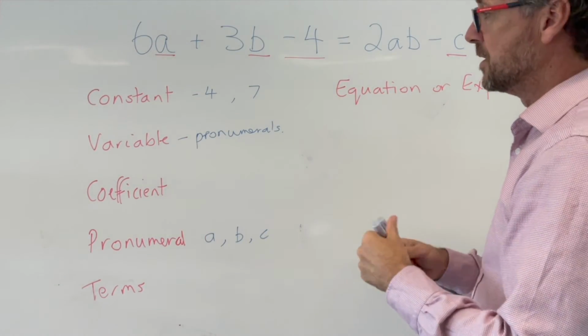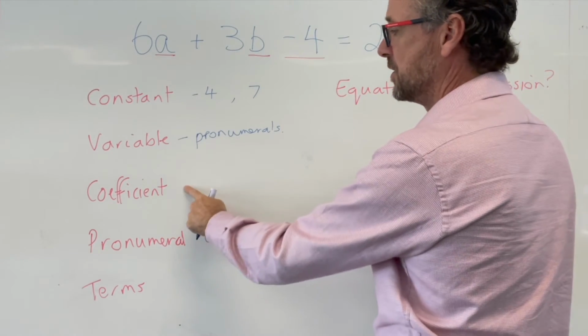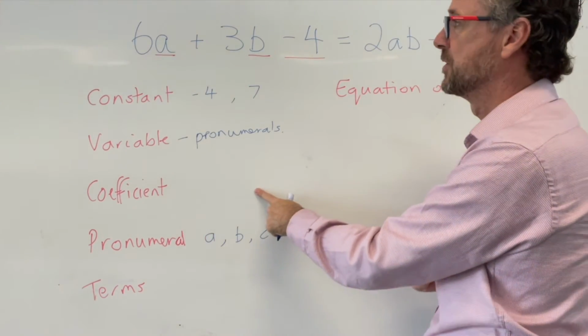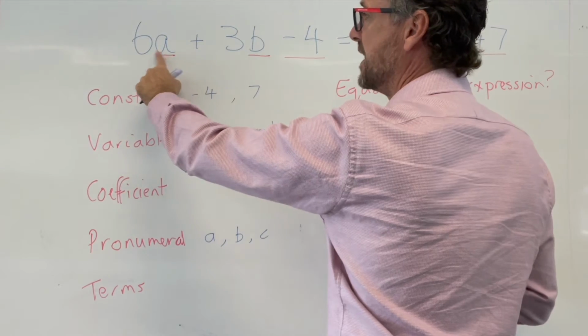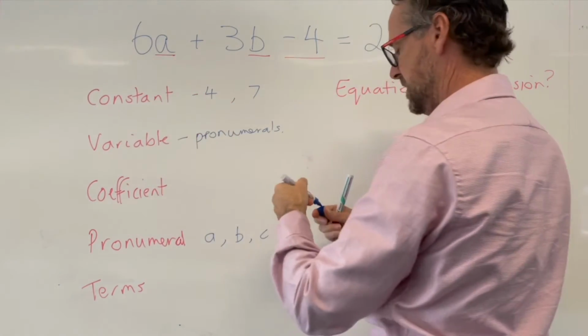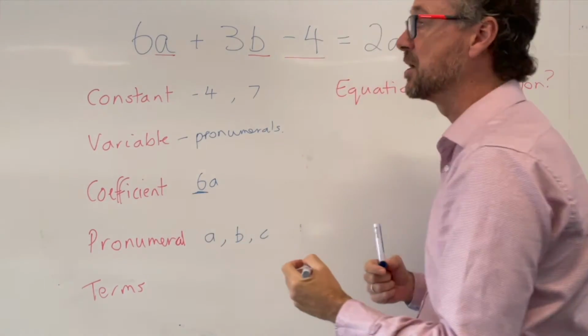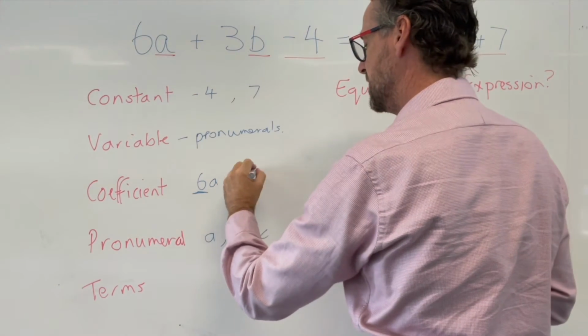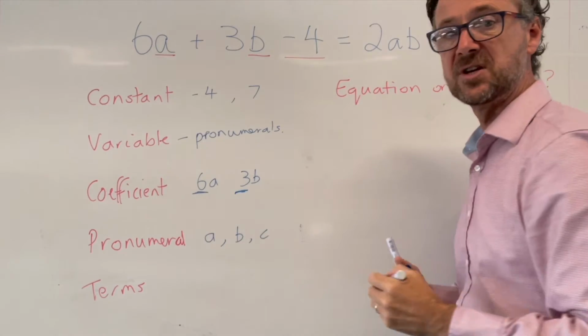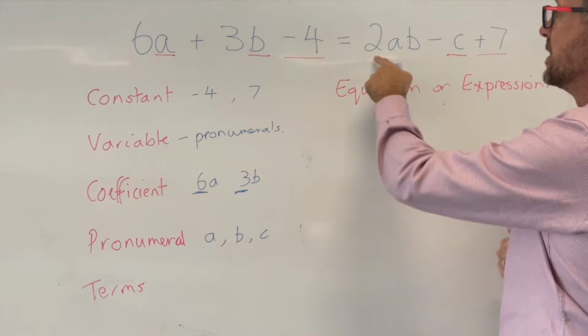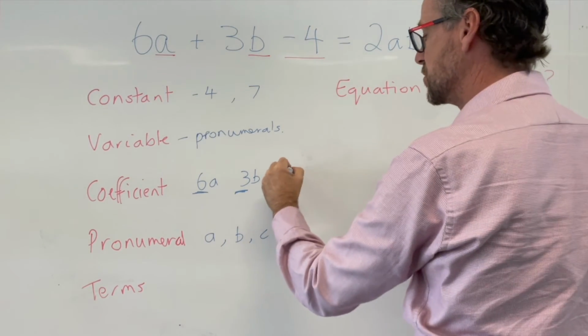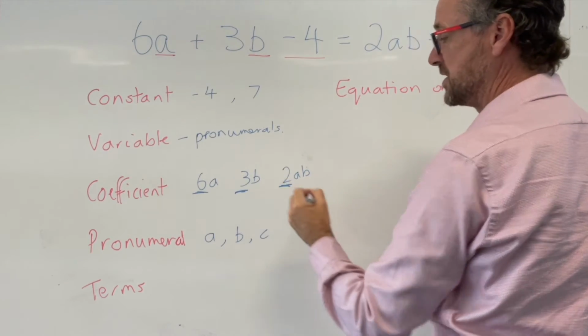Okay, with our pronumerals, we have a coefficient that comes before it, okay? So the coefficient for a in this case is 6. So 6a, the 6 is the coefficient here; 3b, 3 is the coefficient, it's the number that comes before it; 2ab, the 2 is the coefficient.